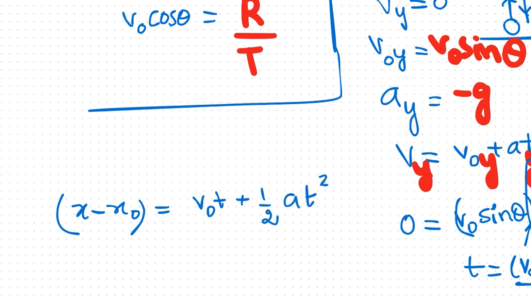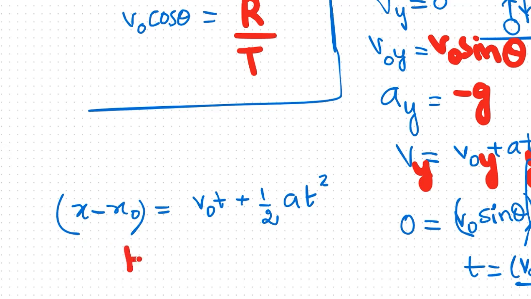If you are talking about the y direction, it is y minus y naught. So this will be, x minus x naught is how much?